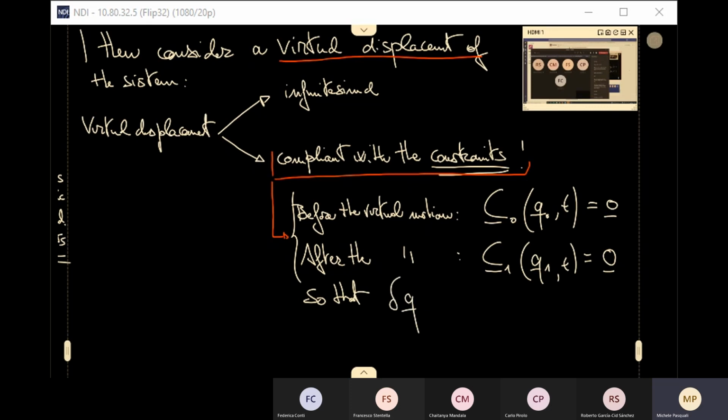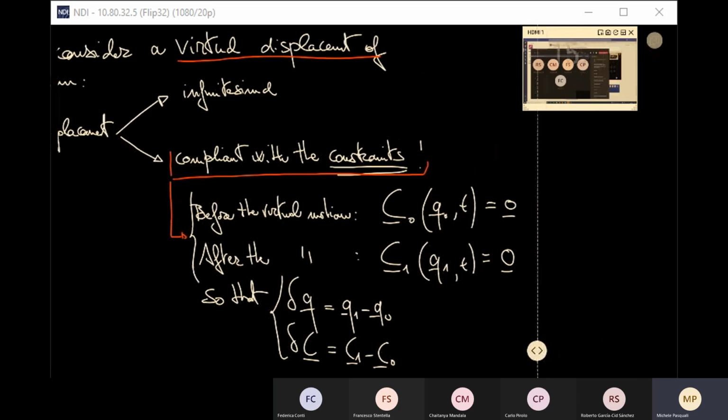delta Q as Q1 minus Q0. That's this small delta here. And we can call delta C as C1 minus C0. It's just from the definition of virtual displacement.